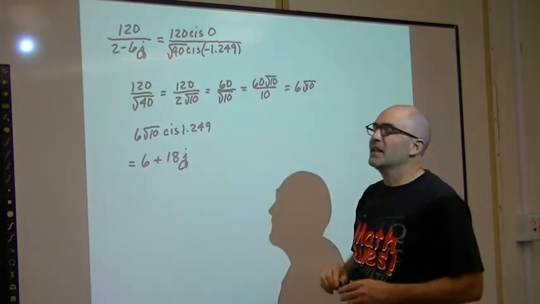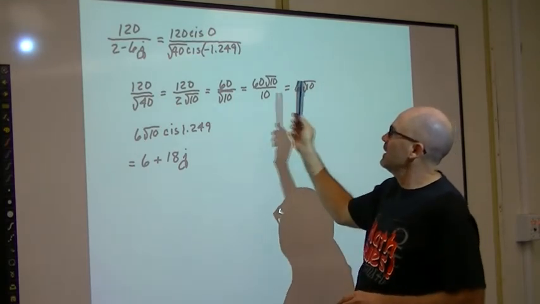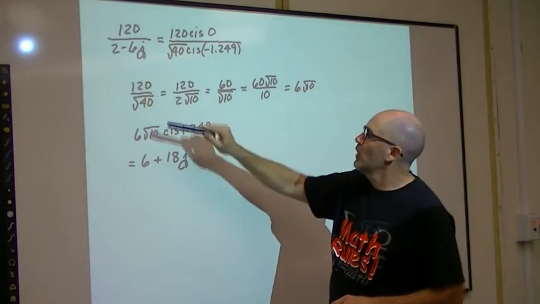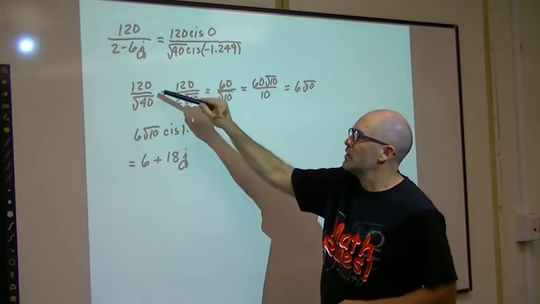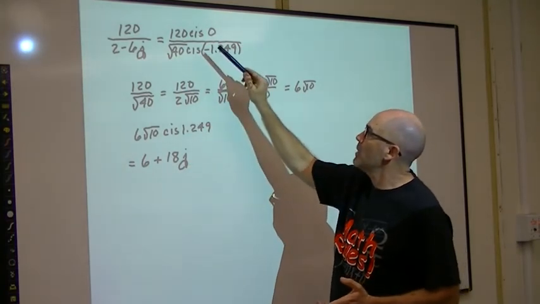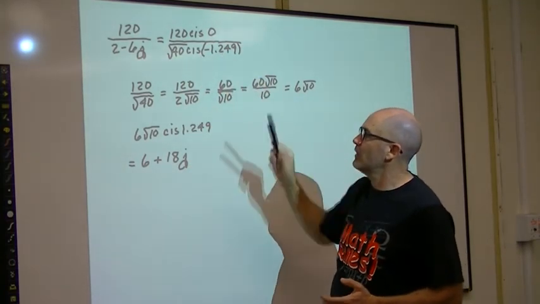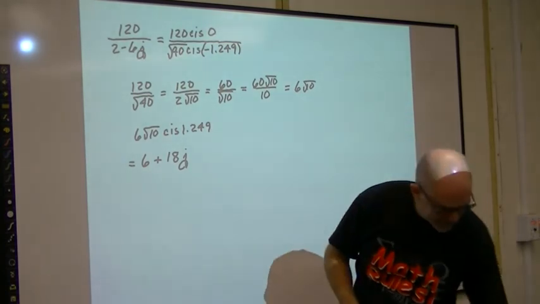Just leave that in your calculator. We didn't even need to clean this up because we're going to rectangular coordinates. We could have just left 120 over square root of 40 in our calculator and multiplied that by the cosine and sine of the angle. That's it. Have fun with these.